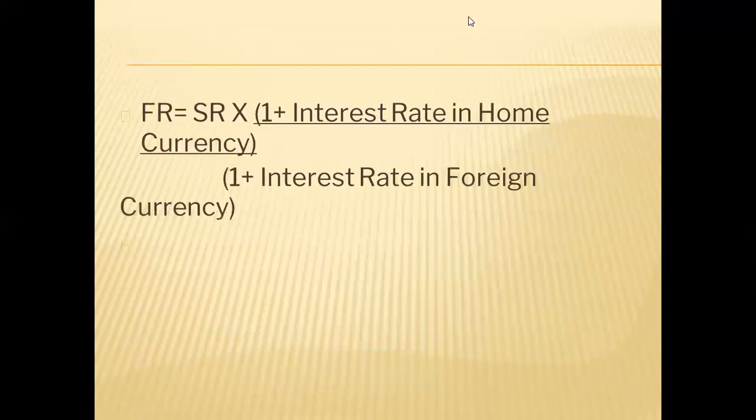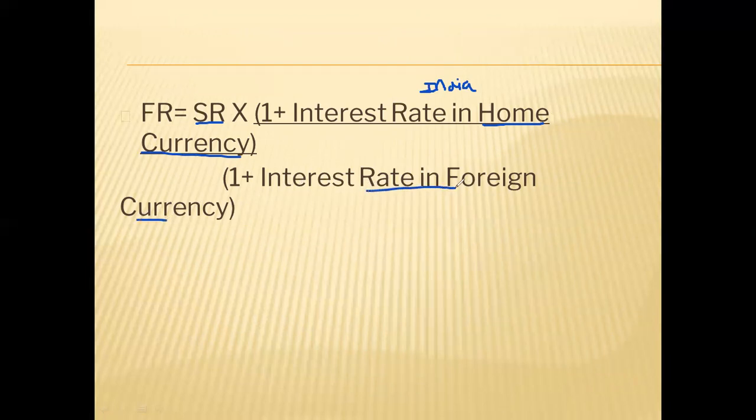So, what is the formula for that? See, spot rate into 1 plus interest rate in home currency. Okay, so in India, home is India, so we will have to take in the numerator the interest rate applicable in India, and divided by 1 plus interest rate in foreign currency.